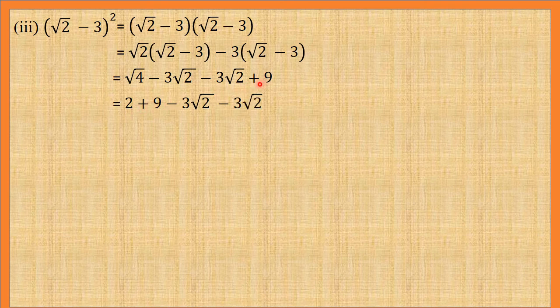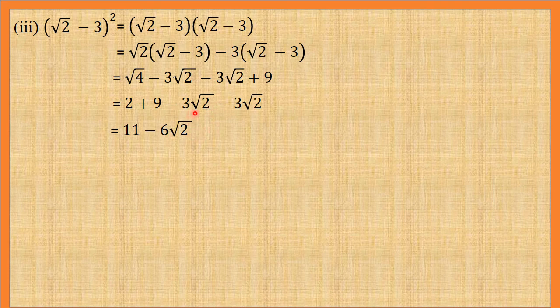Then grouping like terms, we have 2 plus 9 here. Negative or minus 3 root 2 minus 3 root 2. 2 plus 9 gives us 11. Then negative 3, negative 3, so minus 3 minus 3 gives us minus 6, and we have root of 2.